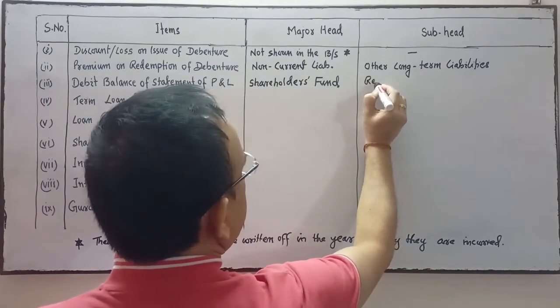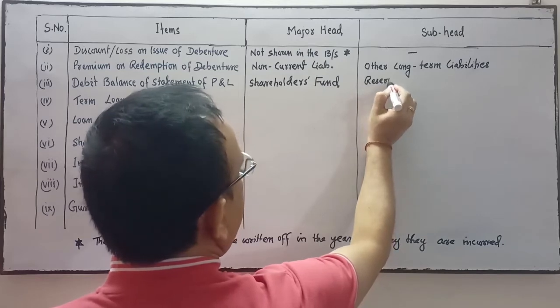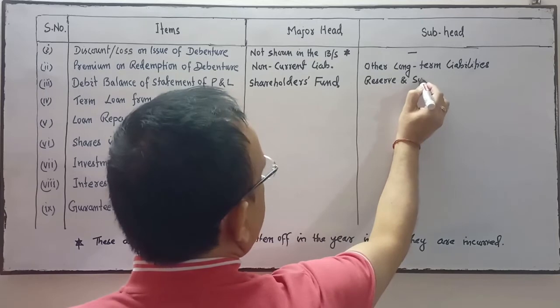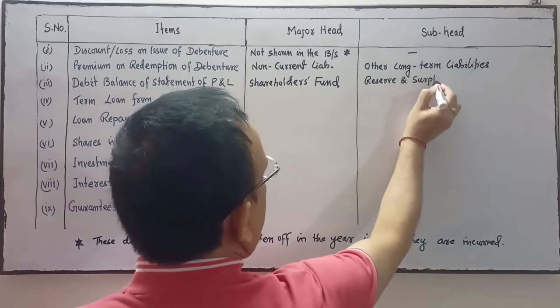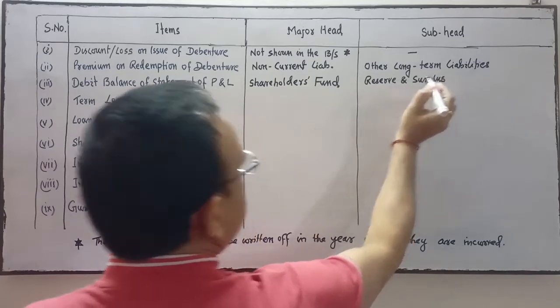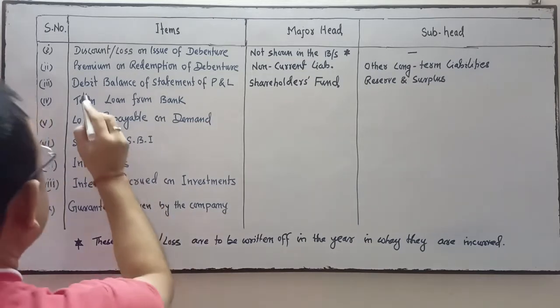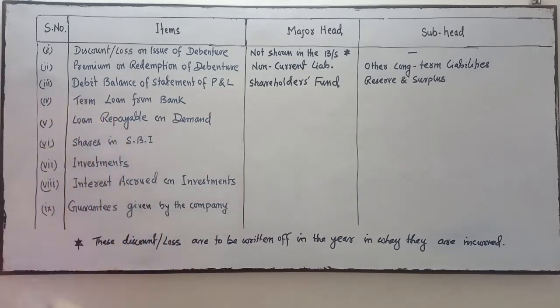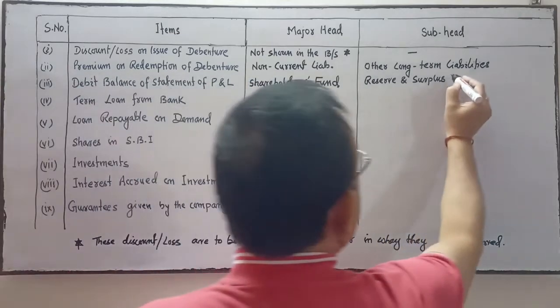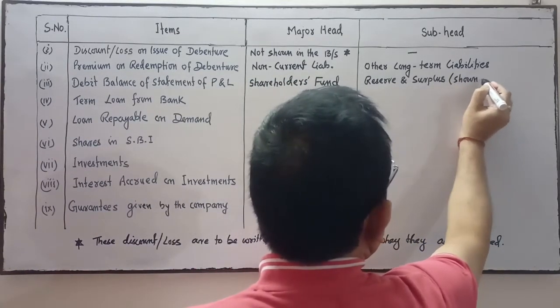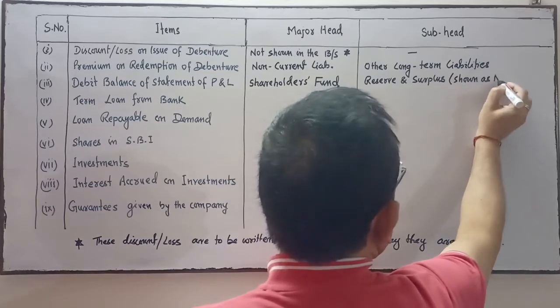The subheading is reserve and surplus. Okay, reserve and surplus. As it is a debit balance, it's a loss, it is shown as negative.